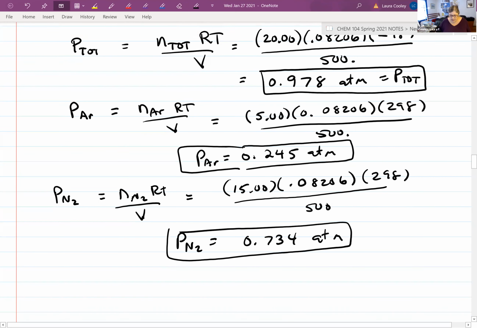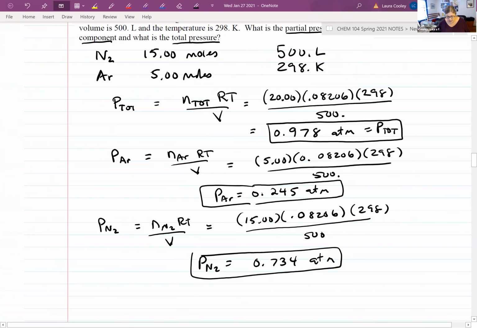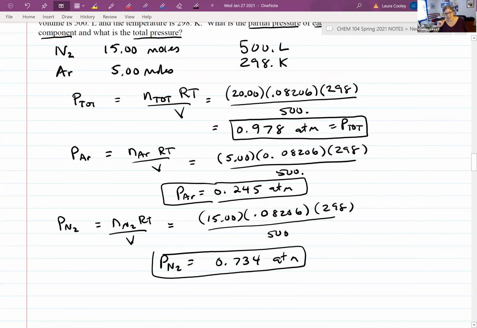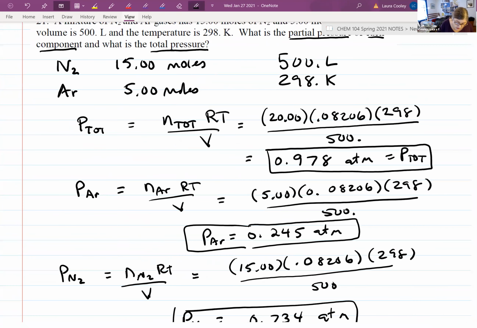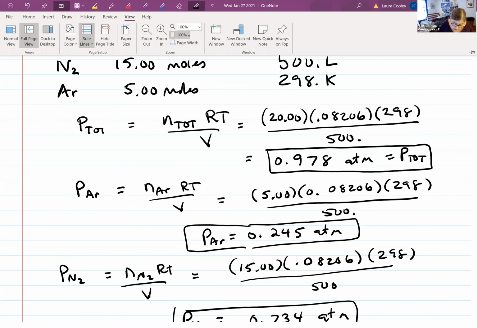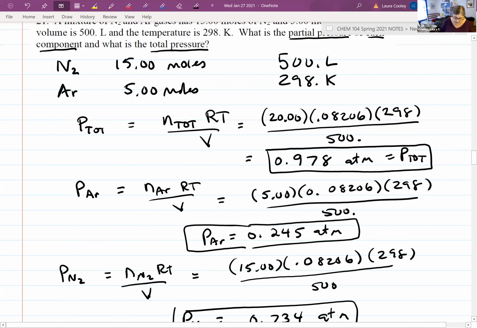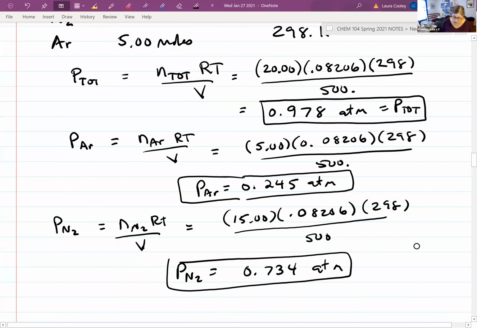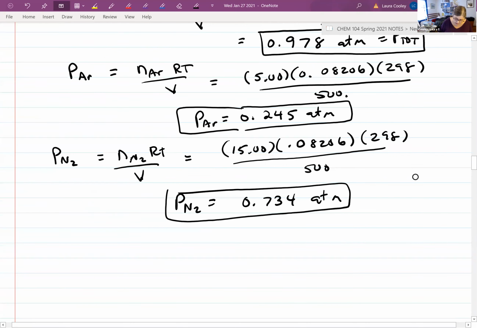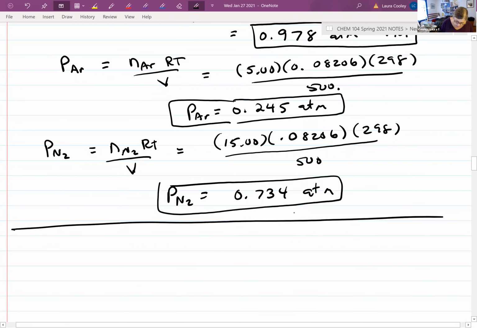Now, look what I did here. I did 3 identical calculations, a lot of writing. Maybe there's an easier way, and there certainly is. So what is the easier way? Well, once we have the total pressure, this is an alternate way.